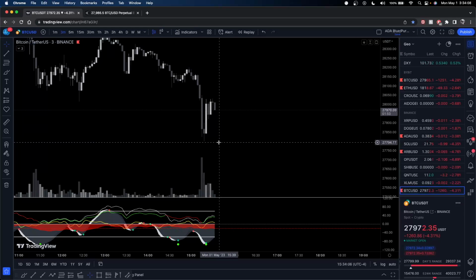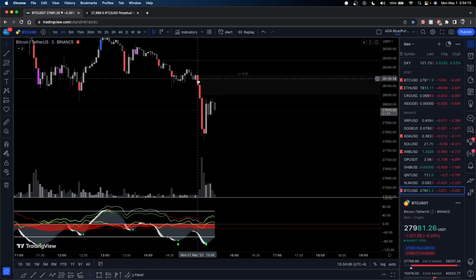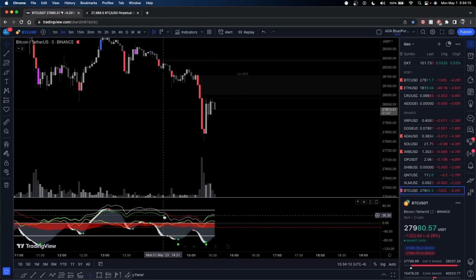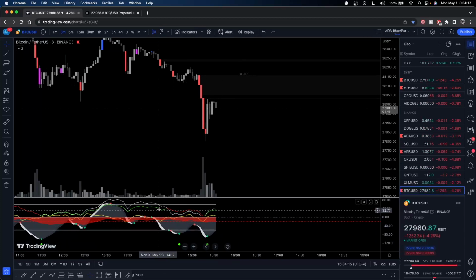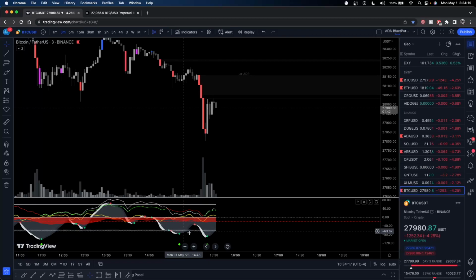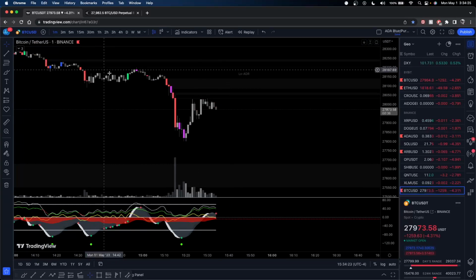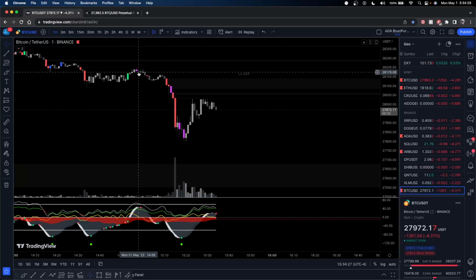I come to the 3 minute. This is for sure vectors. Yeah, man. We have vectors down. Here, money flow, we're going into the red, so you for sure need to be cautious. And the waves are coming down, so you still need to be cautious. But when you jump into the 1, I actually enter on the 1, but I get my execution on the 3, and then environmental on the 15.